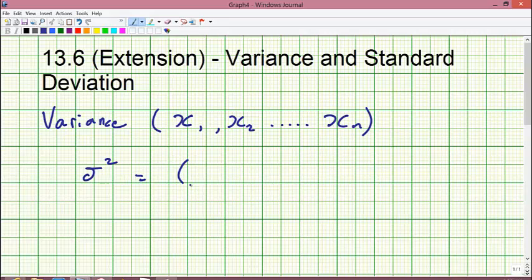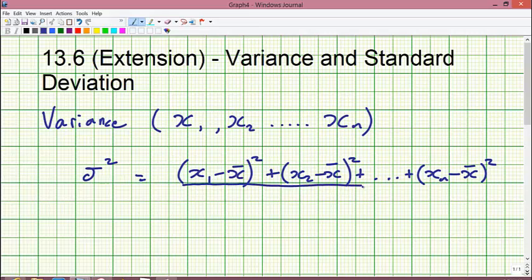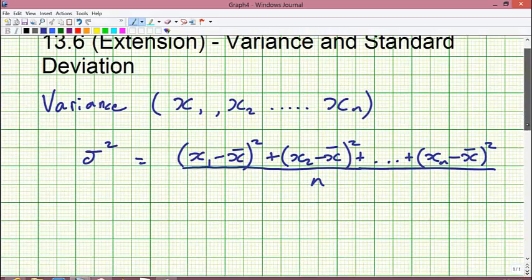We find the difference between each data point and the mean, but we then square it, and divide by the number of values. Okay? So that is variance, and again, it's a measure of dispersion.